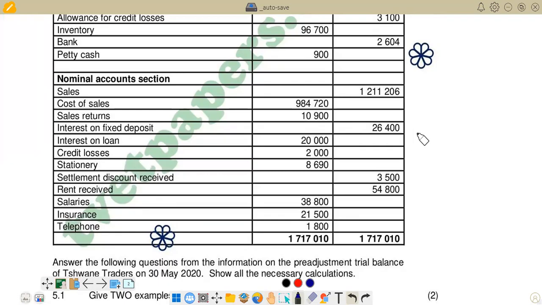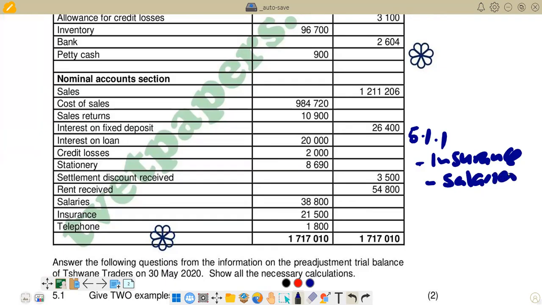So for 5.1.1, we can have insurance. Here's an example of an expense that we have. We also have salaries, telephone.